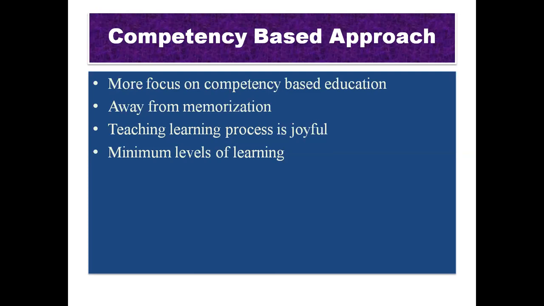The minimum levels of learning. In the recommendation of the National Policy on Education 1996, the minimum levels of learning were laid down for primary school level in 3 school subjects, that is language, mathematics and environmental studies for grade 1 to 5. The minimum levels of learning were spelled out in terms of competencies arranged in a hierarchical manner linking with the subject areas across the grades.